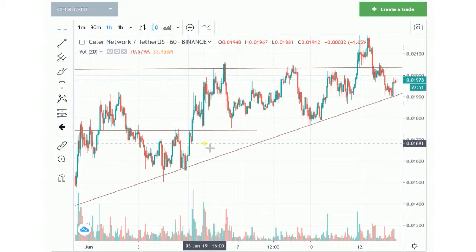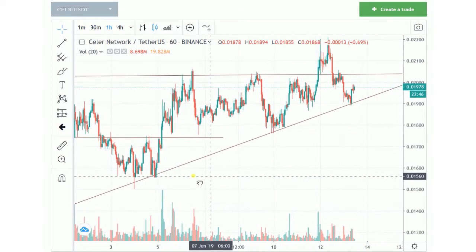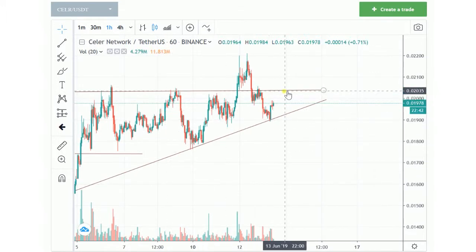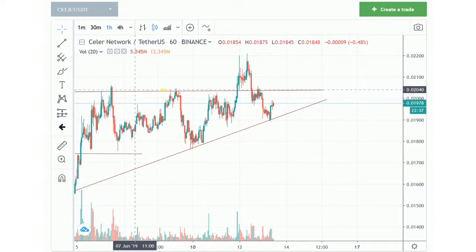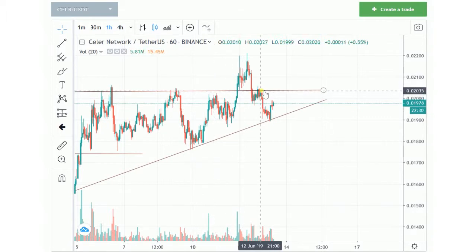Here the price, as you can see, is squeezed in between the resistance and support area. You can see the resistance was rejected one time, 2 times, 3 times, 4 times, 5 times, 6 times. So this definitely is a strong resistance point, and this definitely is a strong support level.